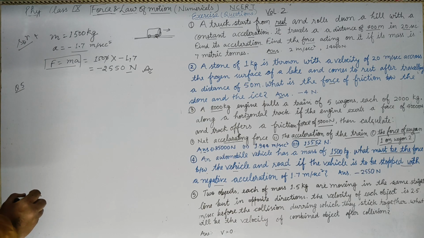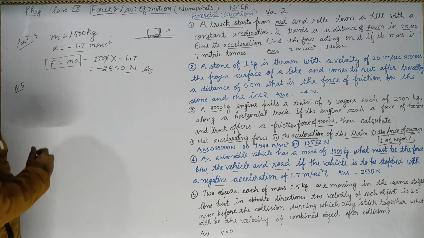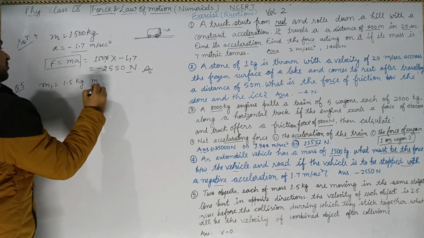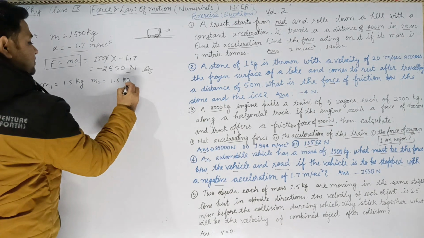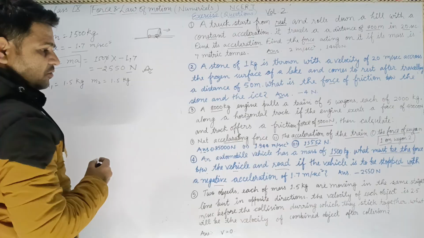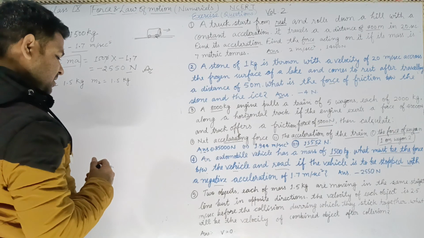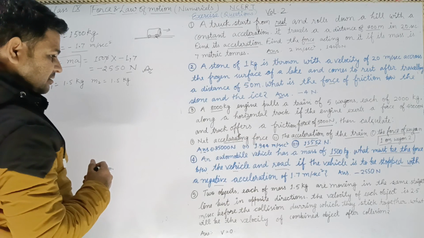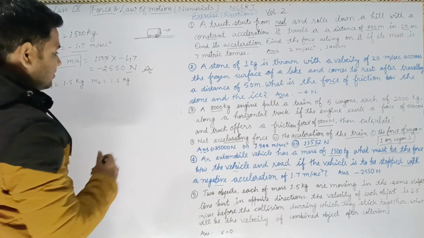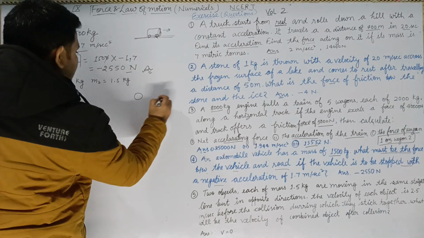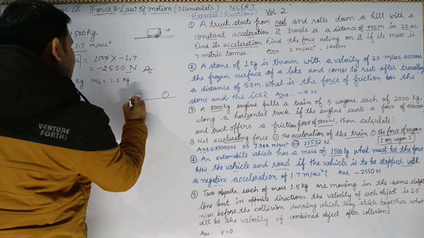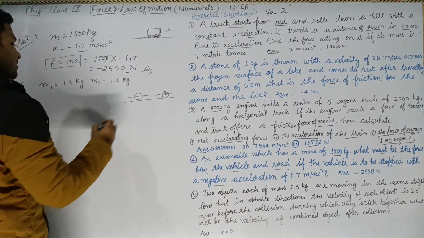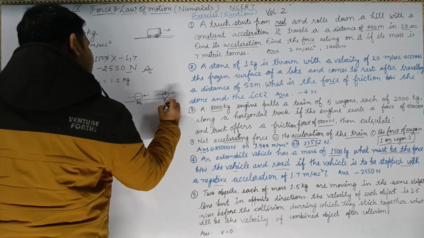Two objects each of mass 1.5 kilogram. M1 is 1.5 kilogram and M2 is also 1.5 kilogram. They are moving in the same straight line but in opposite directions.